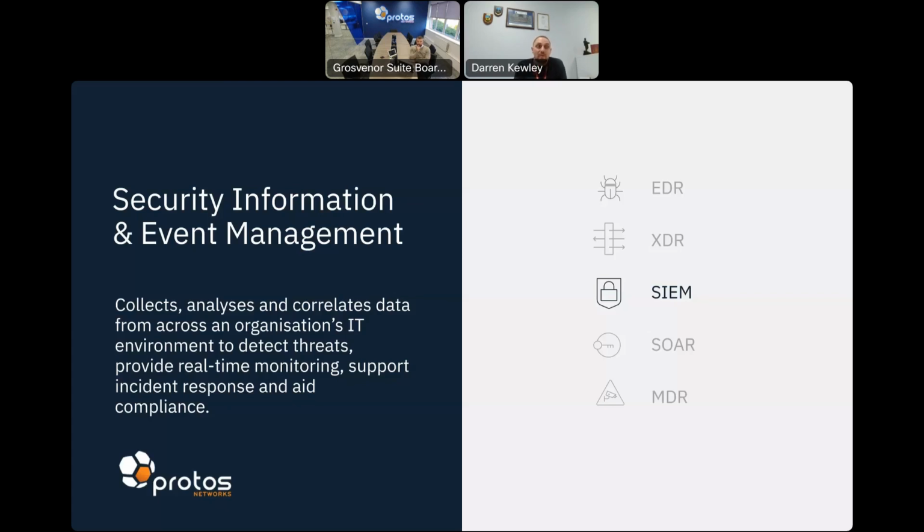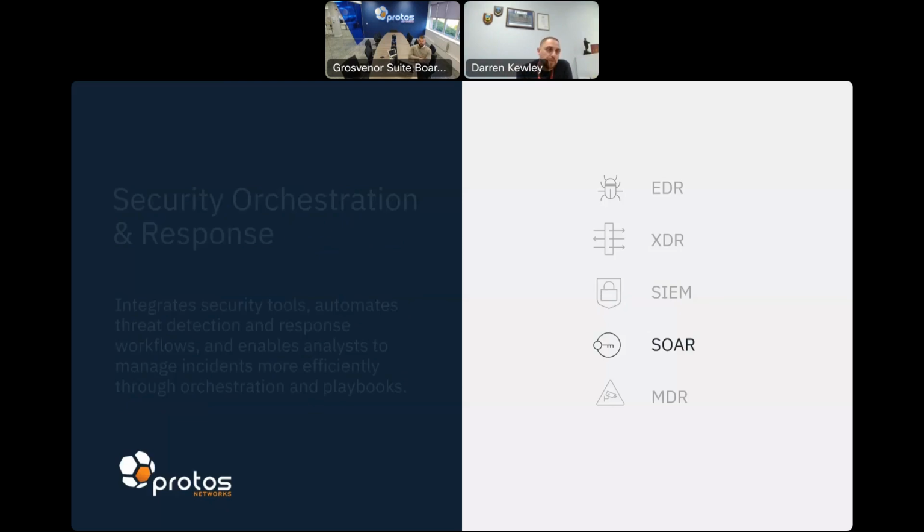Also, we were working with a customer recently who went to an MDR provider and said they were breached through the network, and it was through a network device. We need you to look after us. They didn't put a SIEM in, they put an XDR in that wasn't getting them logs. So now we've spoken to them and they said, well, that's the thing that we needed, was those logs to trace back through. So that's what a SIEM does.